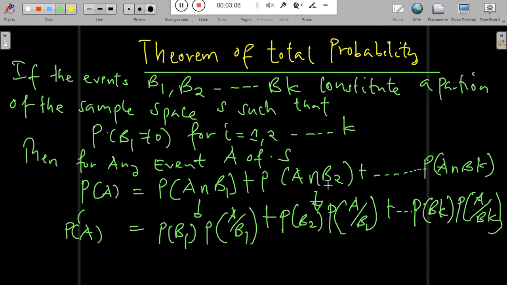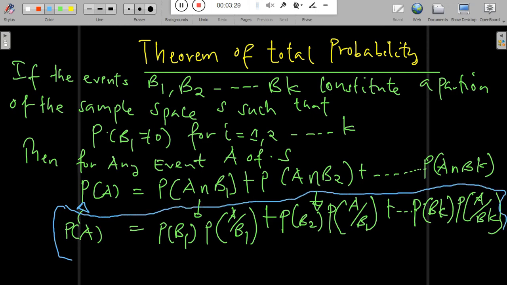So we have developed this from the multiplication rule as we derive the formula for the theorem of total probability. If you remember, the multiplication rule gives the probability of A intersection B as equal to the probability of A times the probability of B given A. So this is the general formula that you apply under the theorem of total probability.